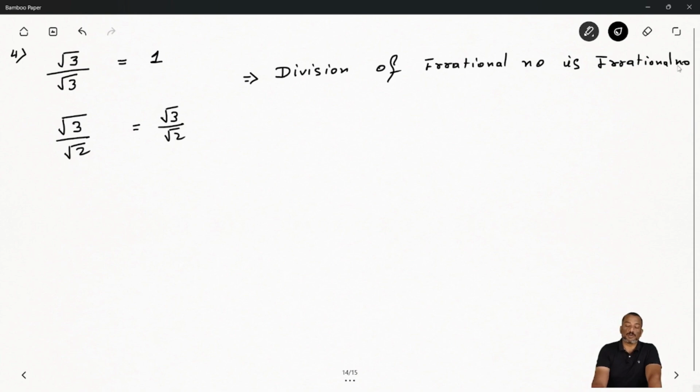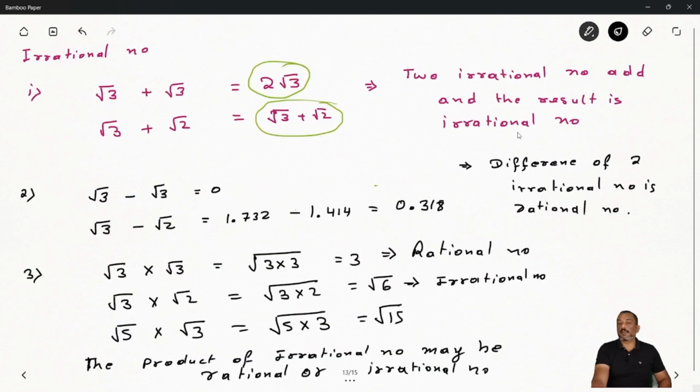So that is the property you have to always remember between irrational numbers and rational numbers. Okay, again I'm repeating the properties. If I say two irrational numbers are added, their result may be an irrational number or a rational number.